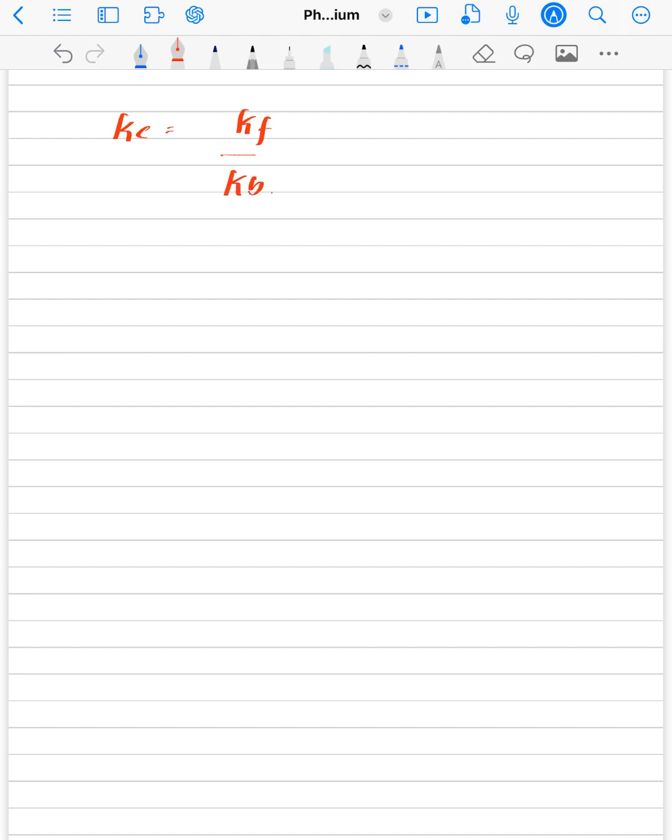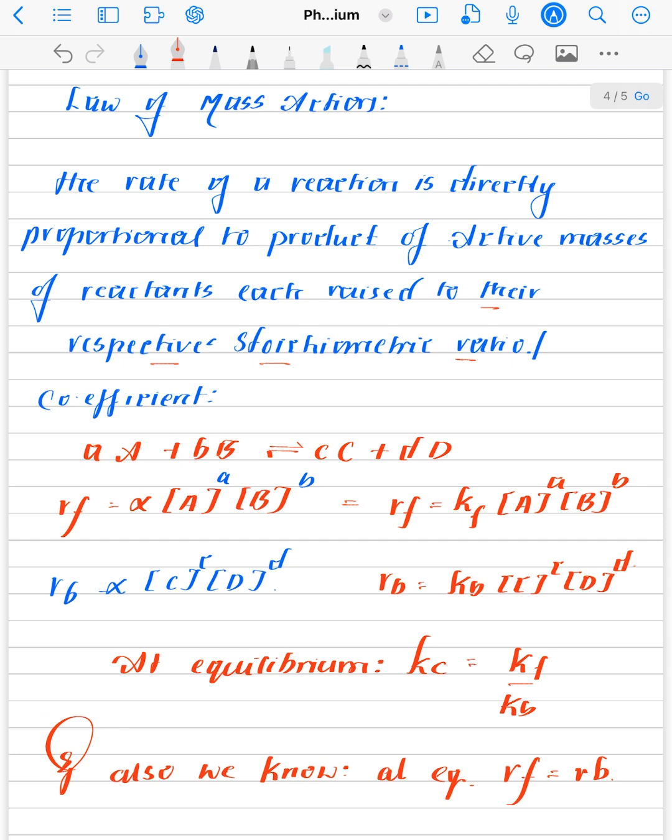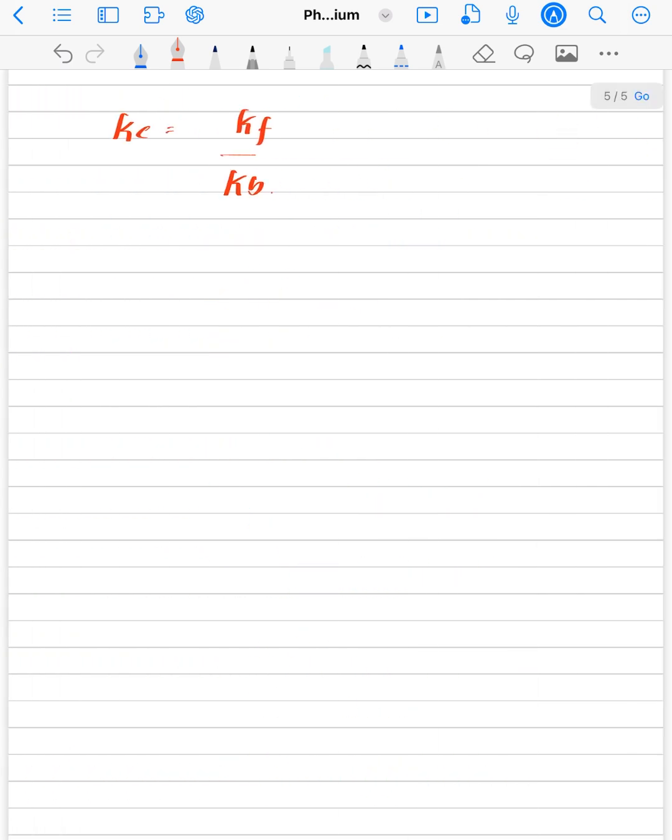Now if we utilize the previous concept, Kf will become equal to Rf divided by the concentration of A raised to A into the concentration of B raised to B, right? So if we simply equate those both, we will end up getting the concentration of C raised to C into the concentration of D raised to D, the whole thing divided by the concentration of A raised to A and the concentration of B raised to B, right?